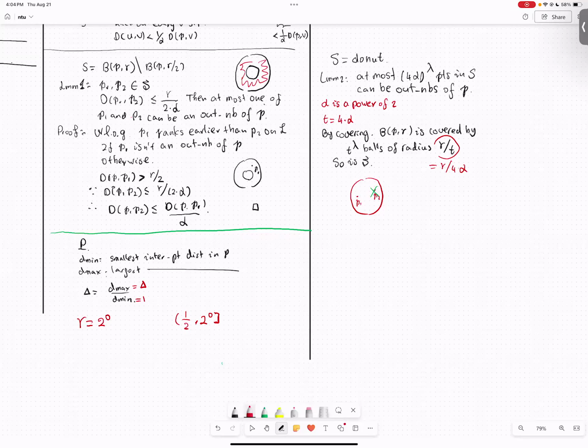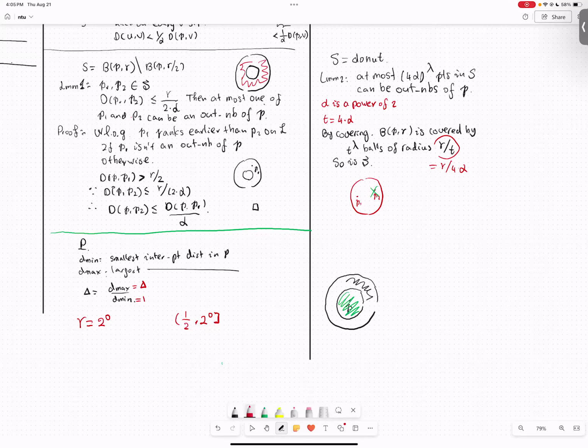If you look at P, think about a lot of concentric circles around P. I'm talking about this area here. And by the way, there can be nothing inside the green circle, because inside the green circle is at most 1/2 to P in distance. But I've already told you that the minimum distance between two different points is 1. So in the black area, you start to have points.